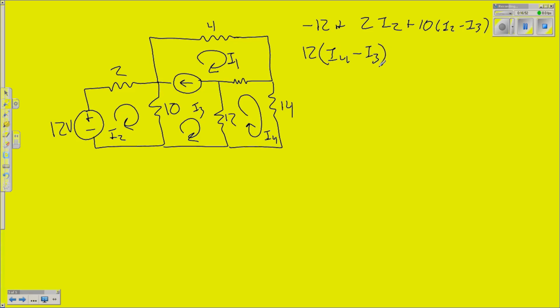Now we have the 8 ohm resistor here, plus 8 times I4 minus I1, plus 14 I4. Okay, so those are the two easy ones. But now we've got that current source in there. And that's going to give us a headache.